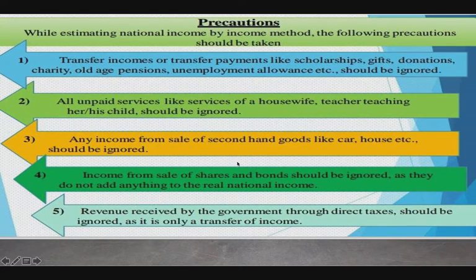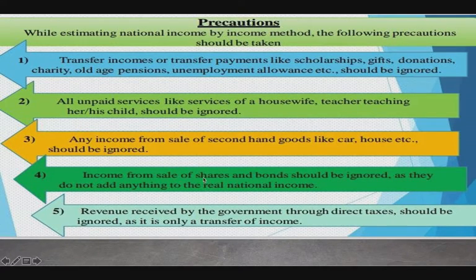Then any income from the sale of second hand goods. We already discussed this point in the output method. Second hand goods means the value of the second hand goods was already considered in the previous year's national income. So there is a possibility of double counting. To avoid double counting, the value of second hand goods is not considered in estimating national income.